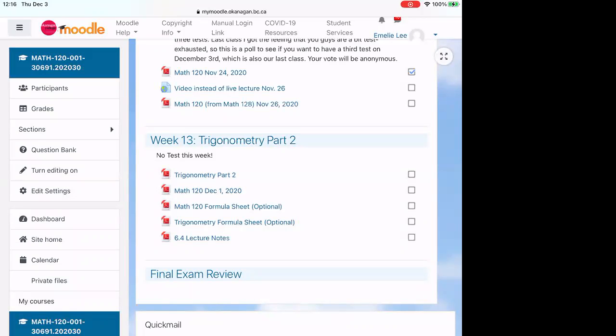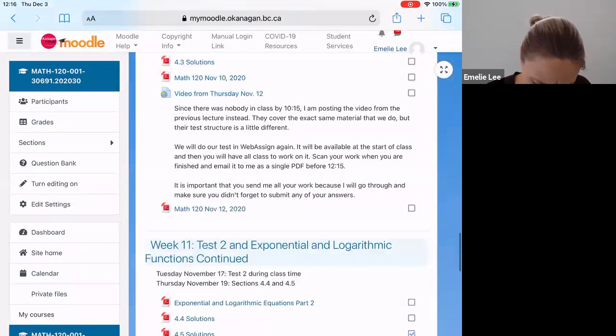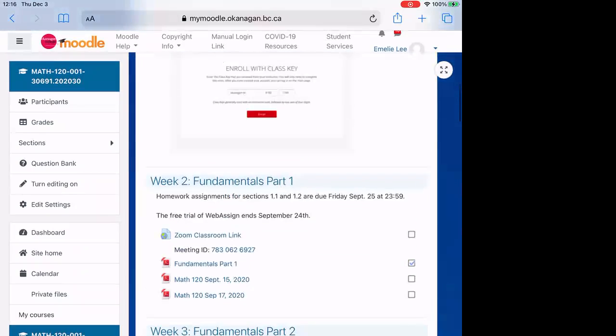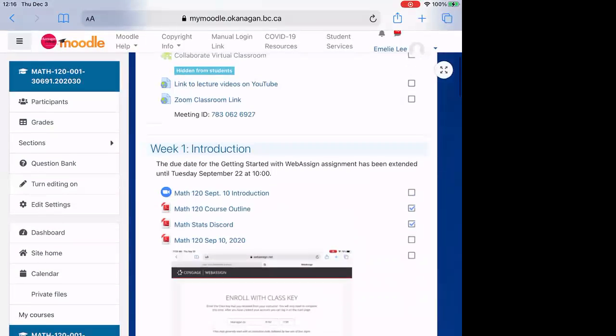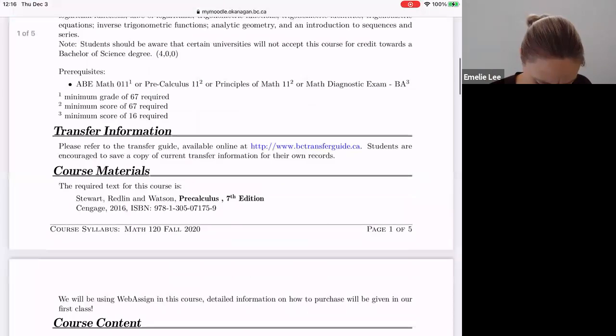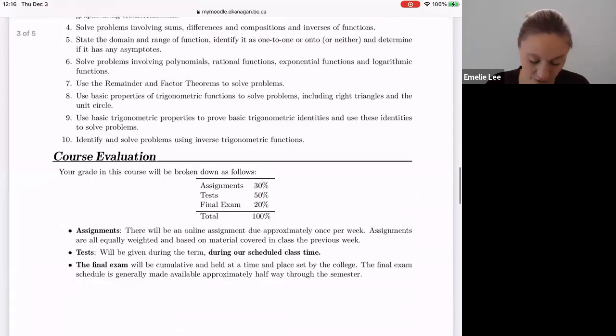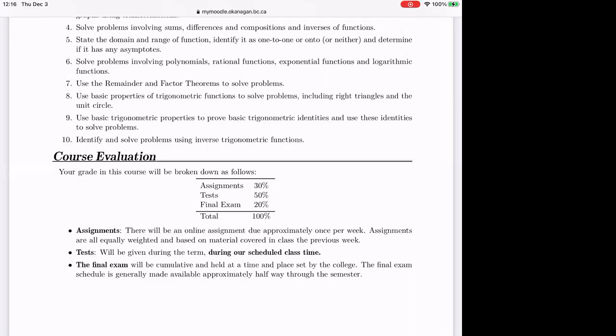And what's the weightage of the final exam towards the course grade? I can't quite remember, so let me check. The final exam is only 20% of your grade. All right. And are there any assignments for this week?